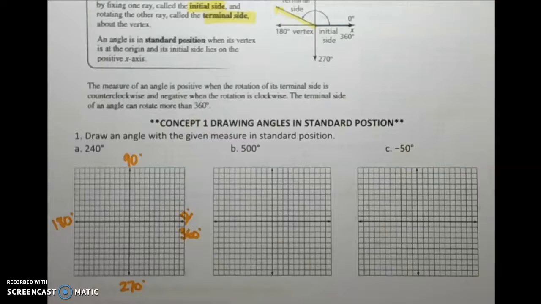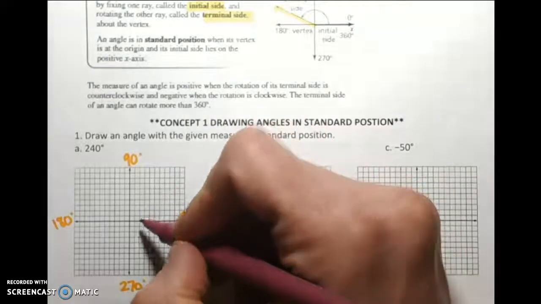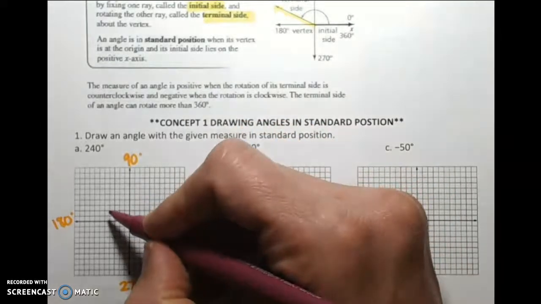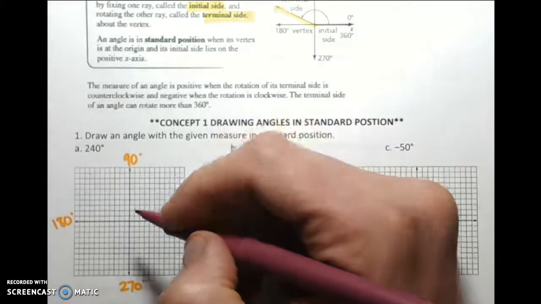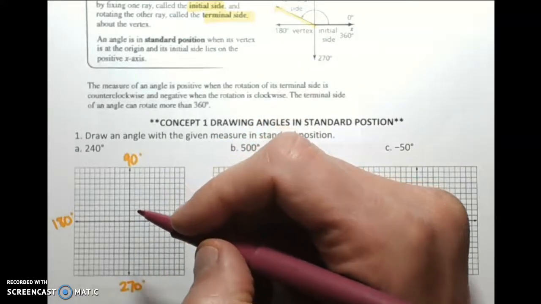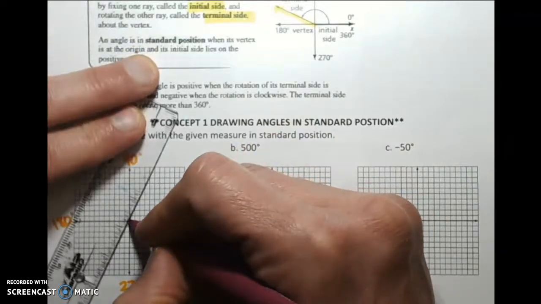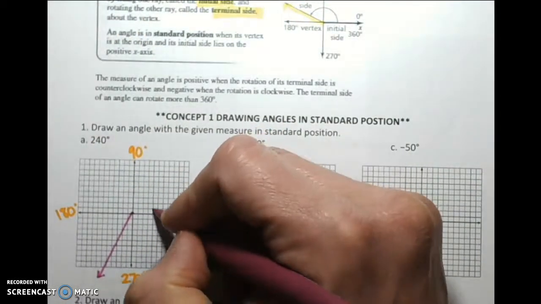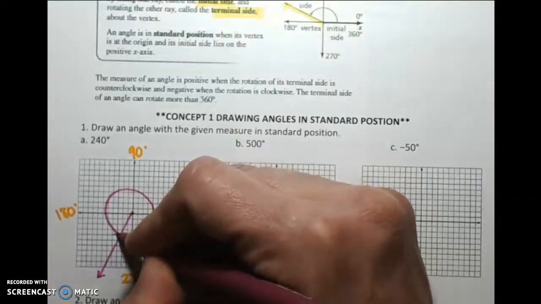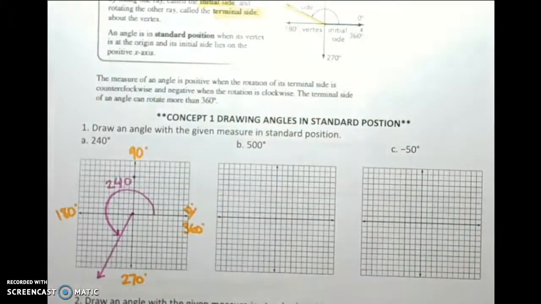So if I'm going 240 degrees, then maybe you can do this a lot of different ways, but maybe I think, oh, I'm going to go 180 degrees and then 60 more. Okay, so where is that? About right here. Okay, so I go this 180 degrees and then 60 more, and there's my 240 degrees.